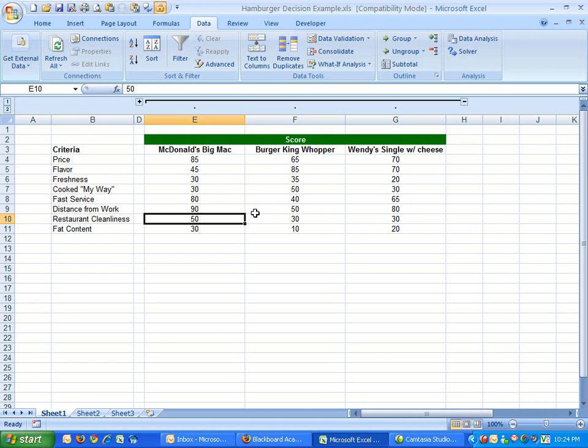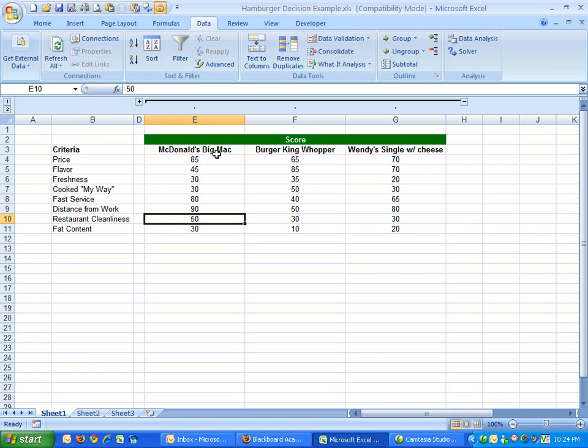That's how the system works. So we've got to make sure everything is on the same scale, and that may mean that we have to devise a system to convert the actual units of what we know about the criteria and the restaurant to the appropriate scale.